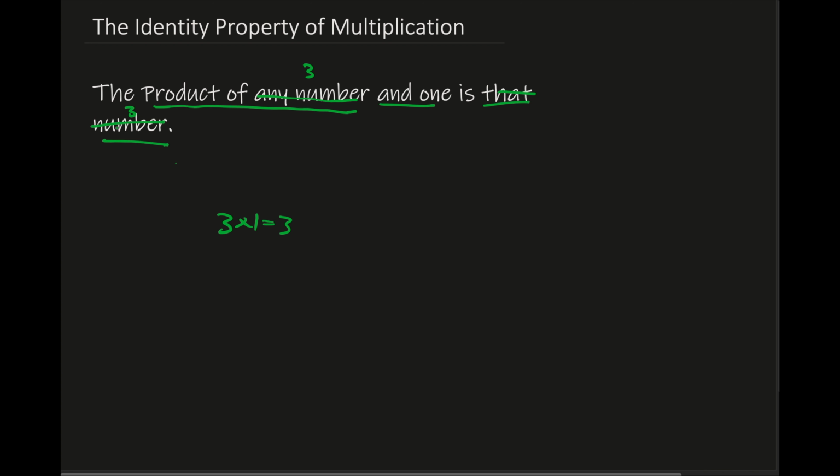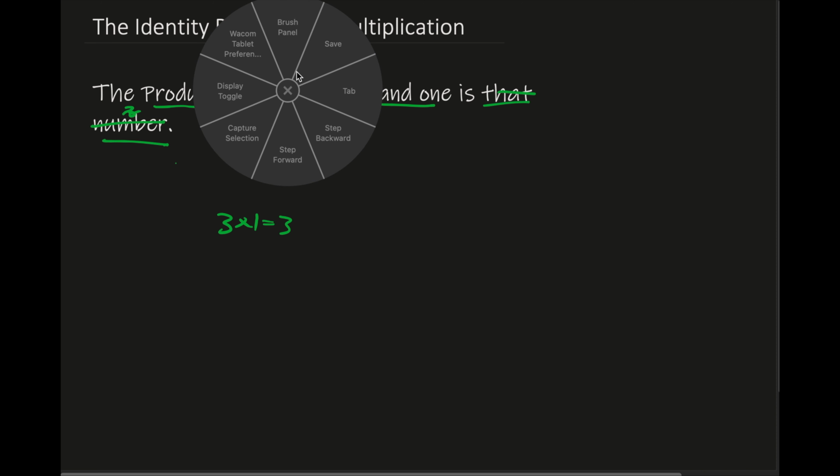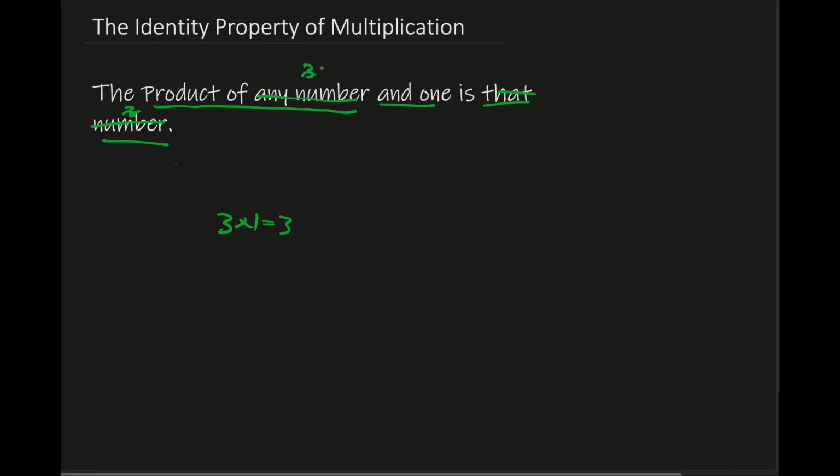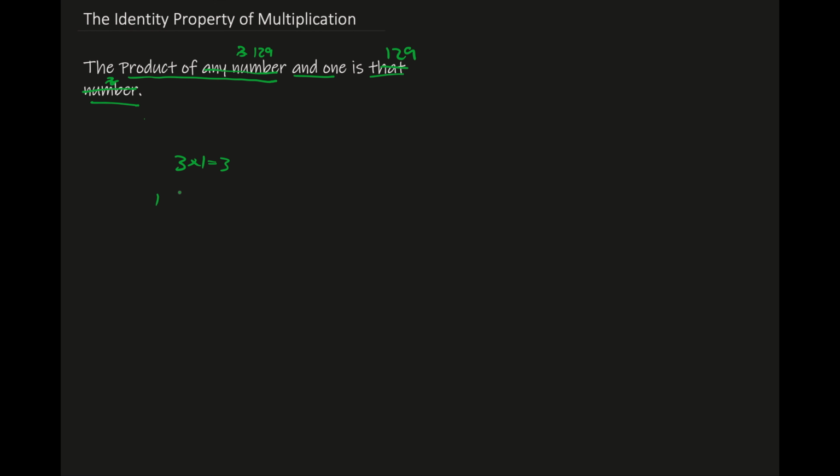Now some could argue, hey, maybe that only works with 3, maybe this property was only made for 3 and 1. No, that's just a number we chose to put. We can put any other number we want. Instead of 3 here, we can put 129. So 129 times 1 equals 129.